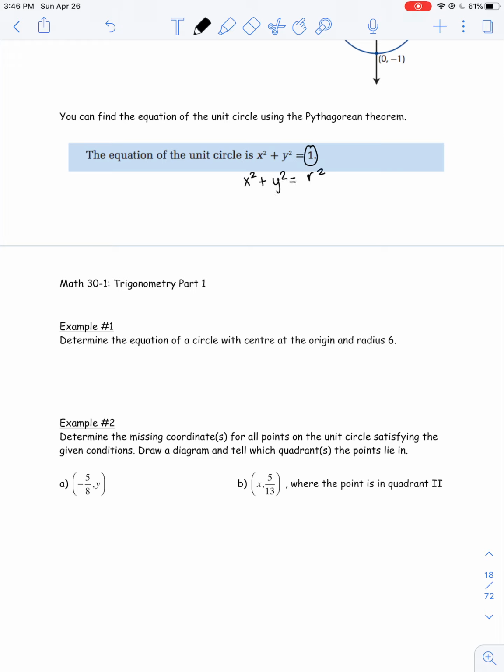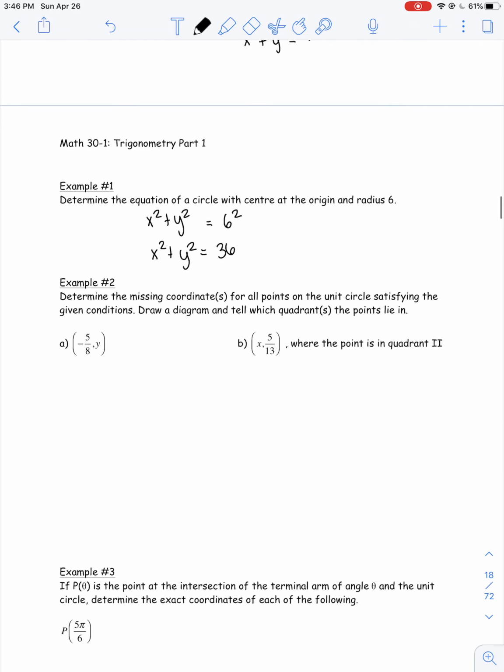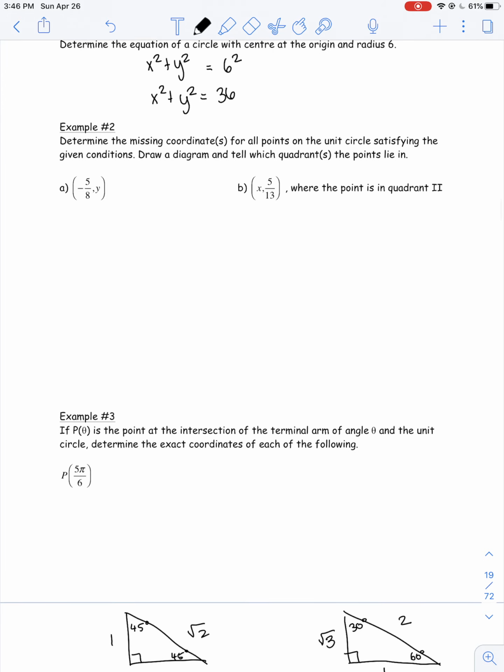The actual equation of a circle is x squared plus y squared equals r squared, the radius squared. In this example, they want you to find the equation of the circle. So you have x squared plus y squared equal to your radius squared. All you have to do is simplify by putting 6 squared in your calculator and getting 36. So that is the equation of a circle with radius 6.